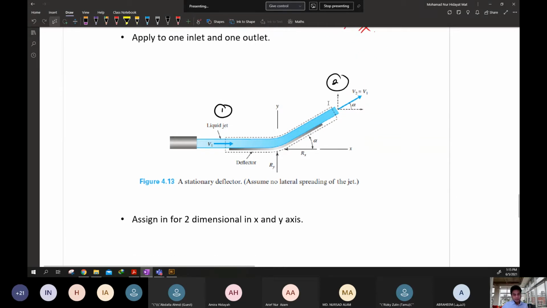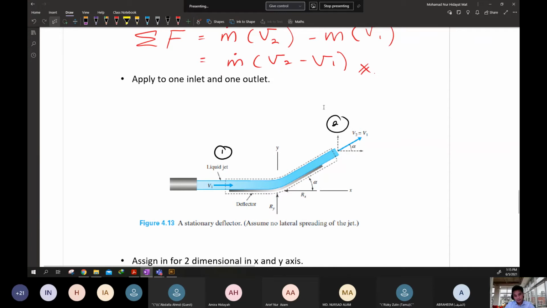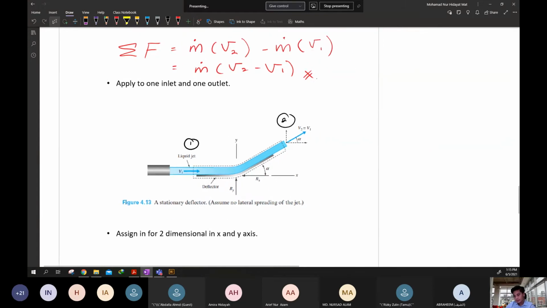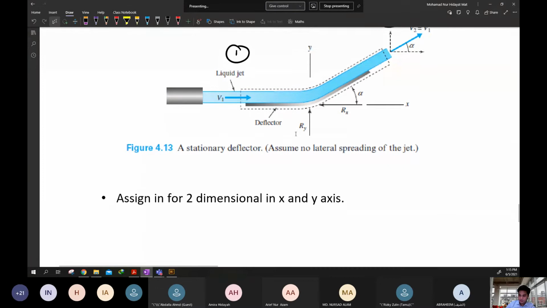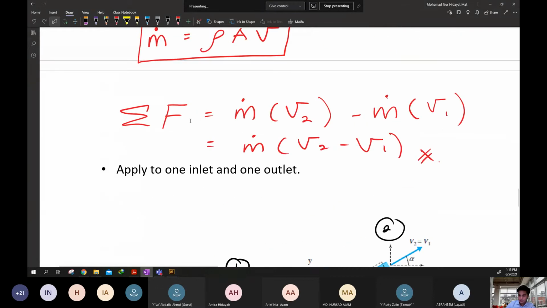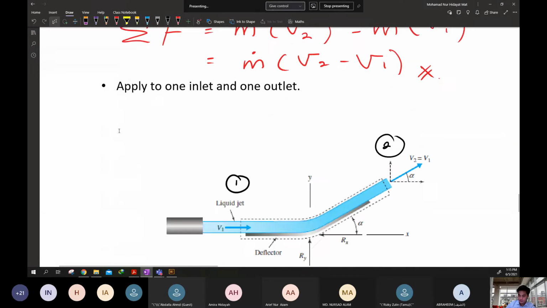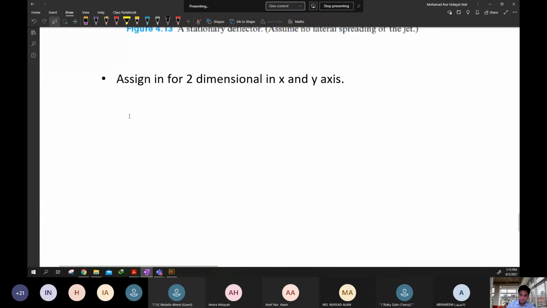What do you think of this? Is this one-dimensional or two-dimensional? What's the number of dimensions? We have the x-axis and the y-axis. This is two-dimensional. So we need to divide this equation into two components.